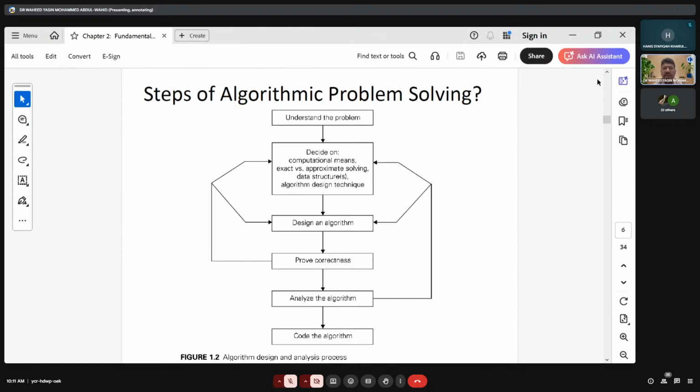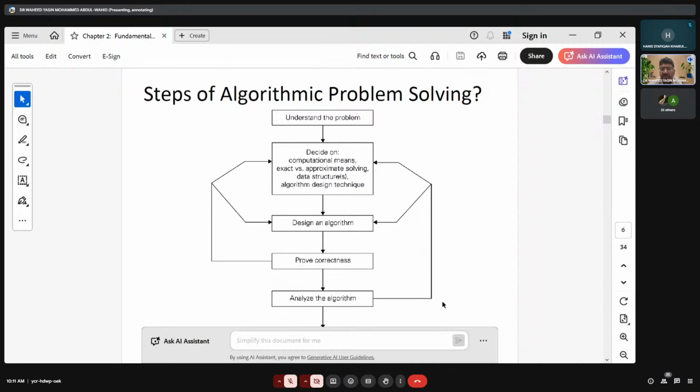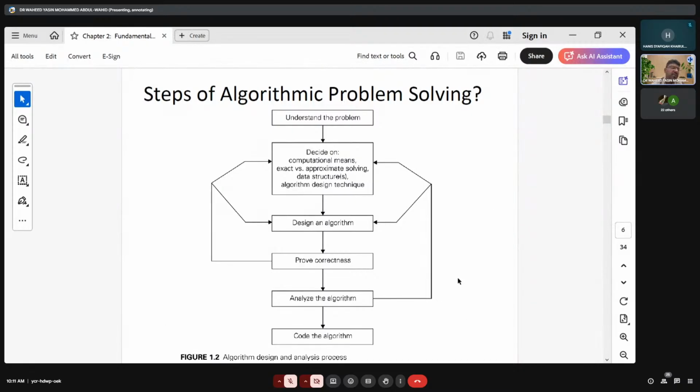Then we design the algorithm, then prove the algorithm's correctness, then analyze the algorithm. Then we may go back to the algorithm design technique. Last, you code the algorithm. First you have to think about the logic, then write the code.